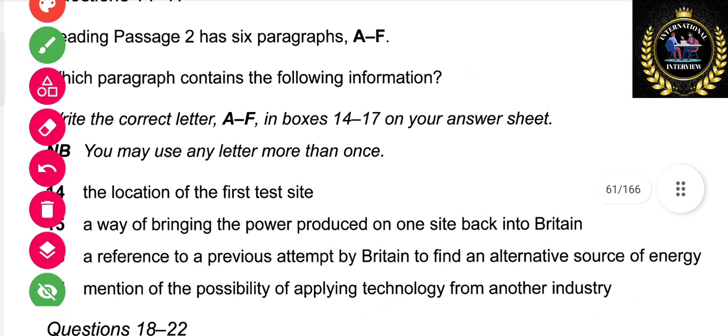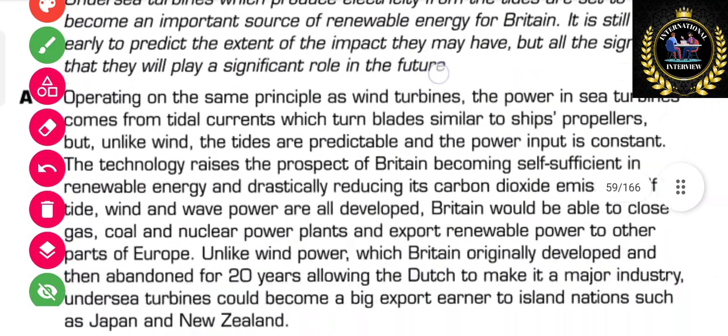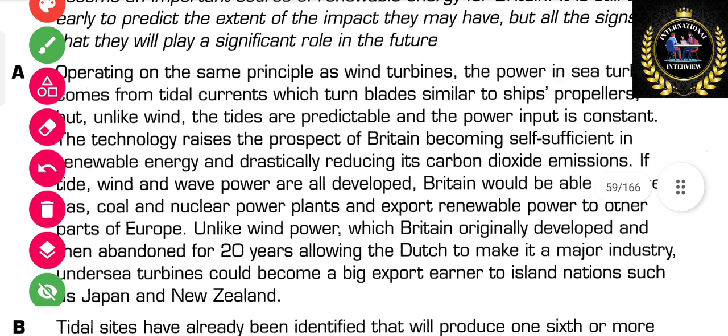A reference to a previous attempt by Britain to find out the alternative source of energy. An attempt was made, it is mentioned. Here it is mentioned under wind power, which Britain originally developed and then abandoned. It means Britain started, but they stopped for 20 years, allowing the Dutch to make a major industry.